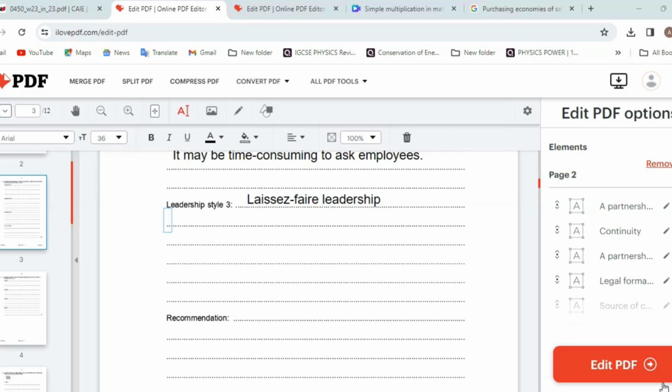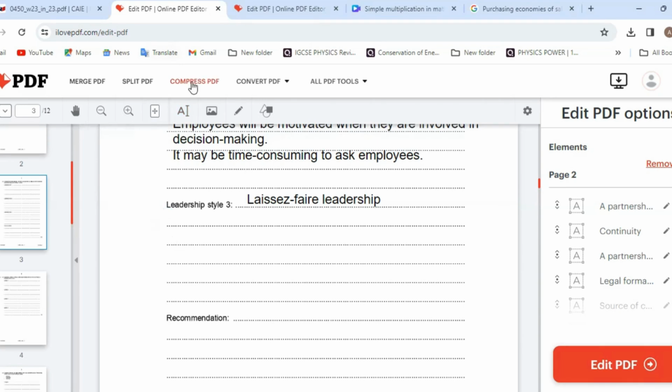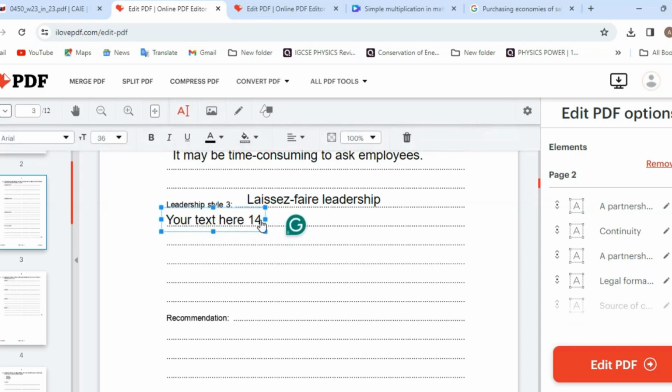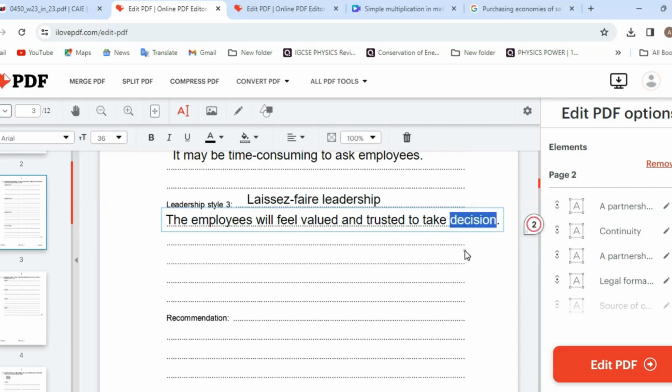Of course, the employees will feel valued and trusted to take decisions. And also the employees can be creative to take decisions.